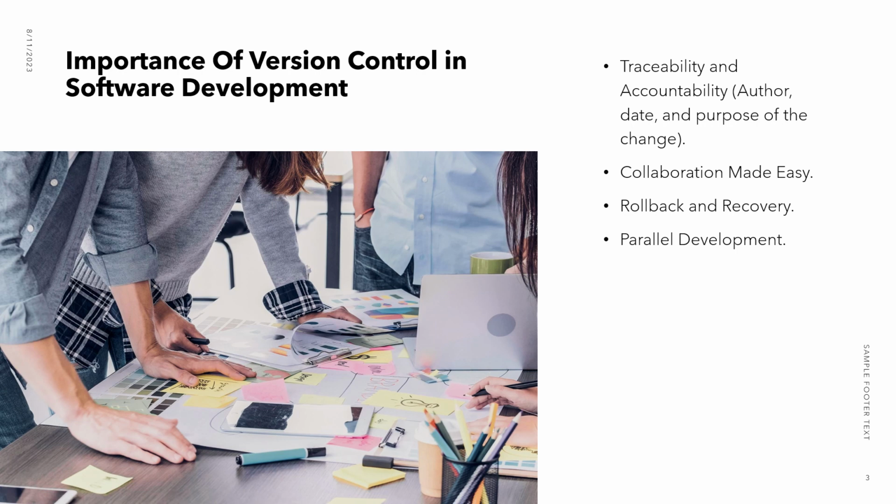Essentially, when it comes to parallel development, developers tend to work on their branches individually, and that enables us to fix bugs and work on individual features without interfering with the rest of the colleagues within the software development.